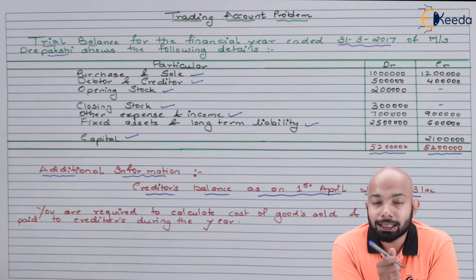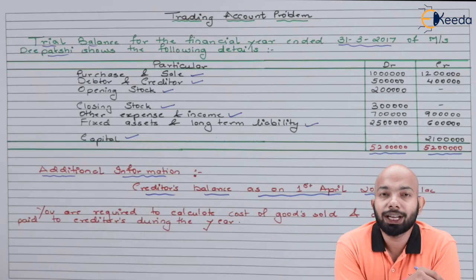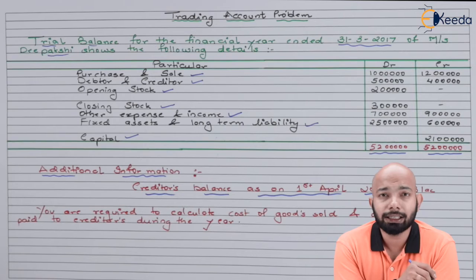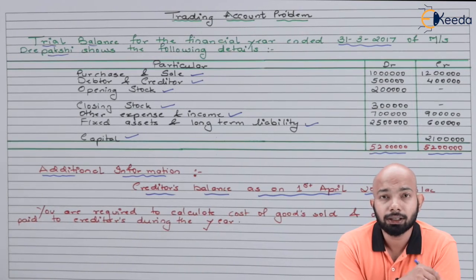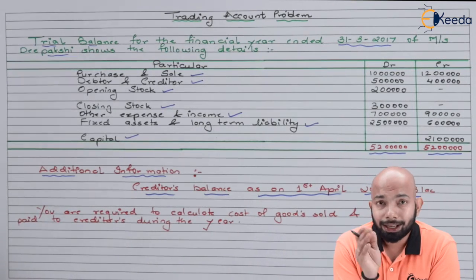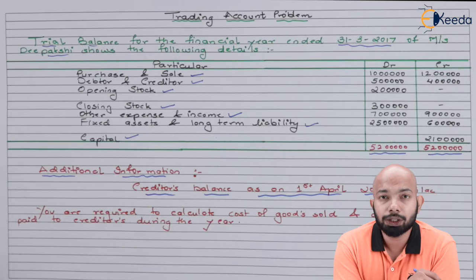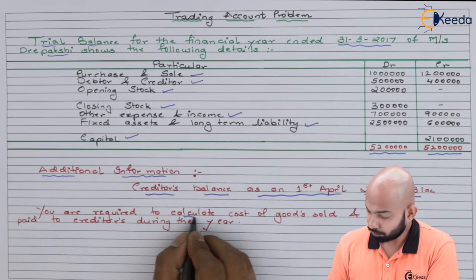This opening balance for 2016 has been mentioned as 3 lakh, and that was 4 lakh. That means there is an increase of 1 lakh in the liability, or rather the credit balance. This is the additional information. Let us figure out how to make use of it. Next is the requirement that we are supposed to do in this question.